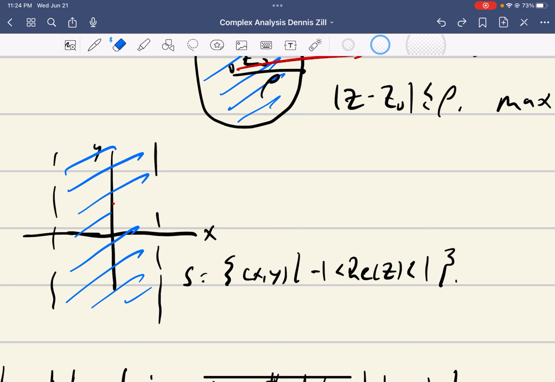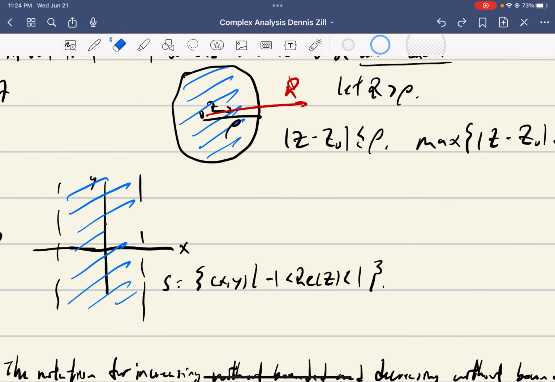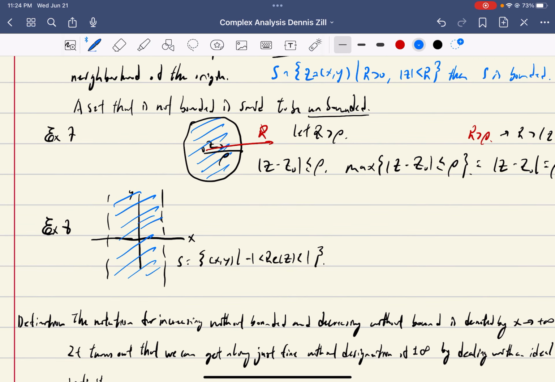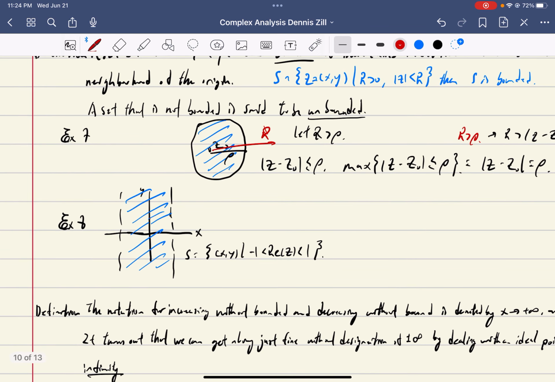Oh, this will work. Alright, so this is your set, and there exists some r that is greater than -1. Yes. You can choose r, right?